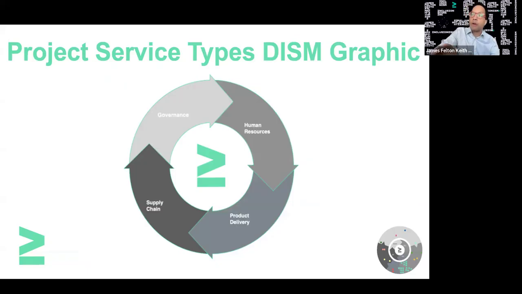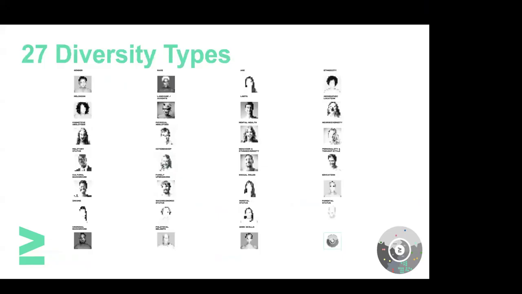Again, they're spread across these 4 categories, which are governance, HR, product delivery, and your supply chain.